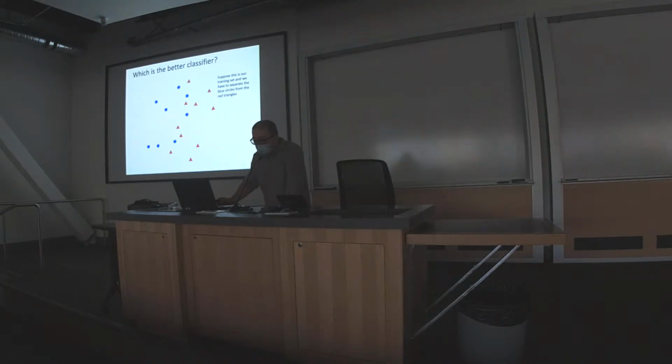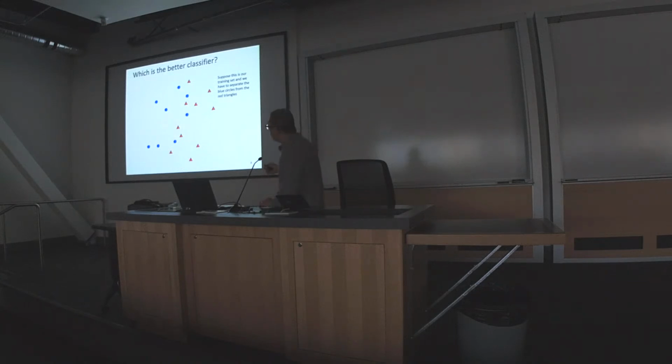Okay. So before we introduce the definition, let us look at a concrete example first. Suppose we are given this data set, right? Blue circles and red triangles, which you can view as negative examples and positive examples. Now, this is your training set, and we want to learn a classifier which can well fit the training set.